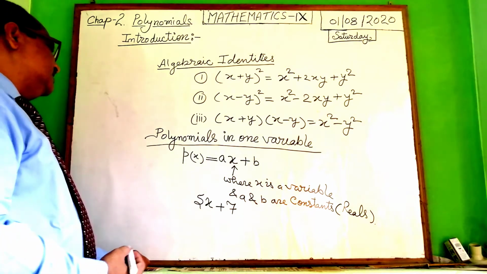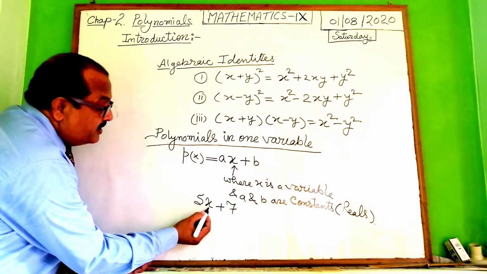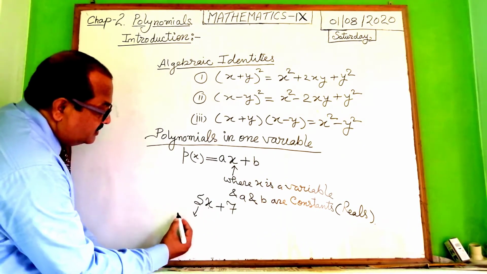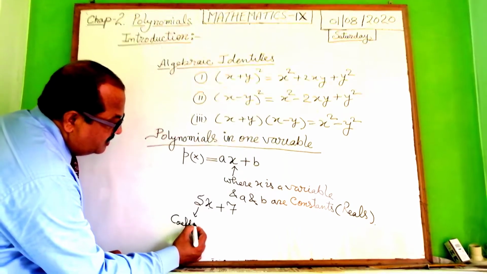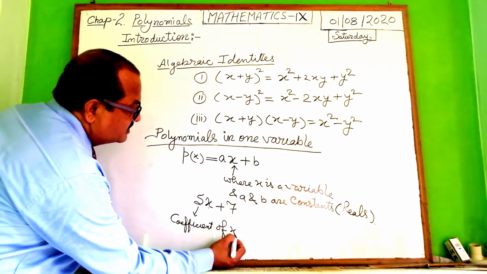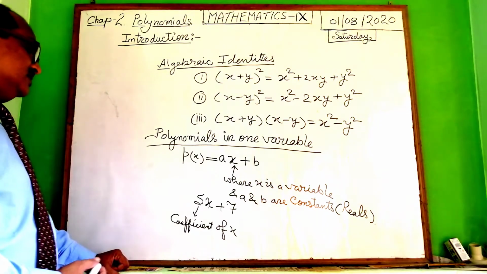Here x is a variable and this 5 is the coefficient of x.